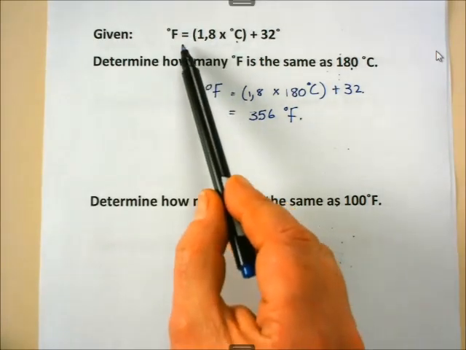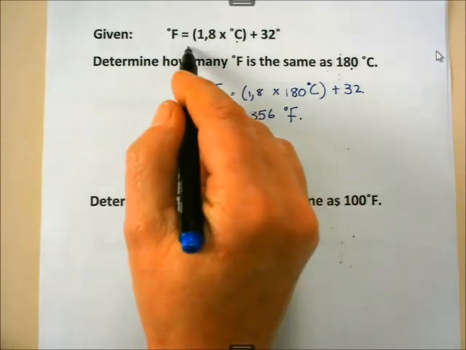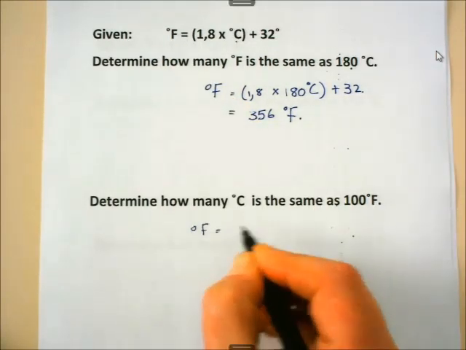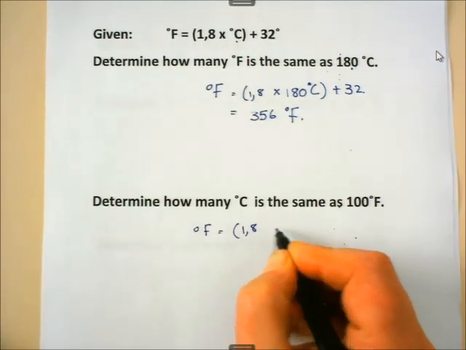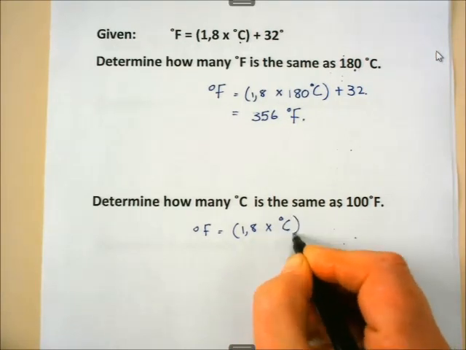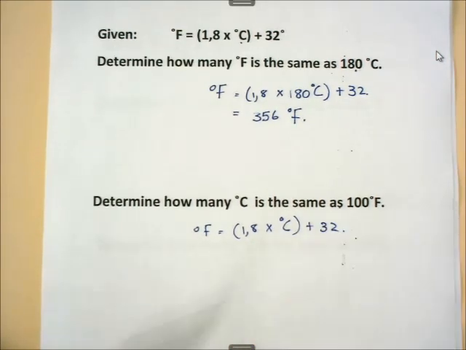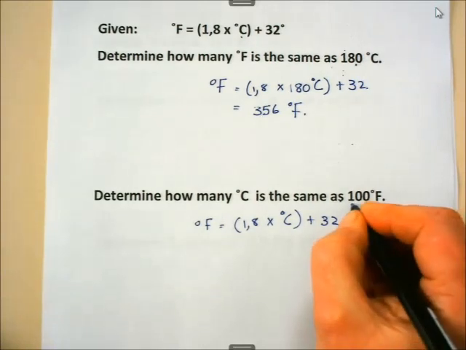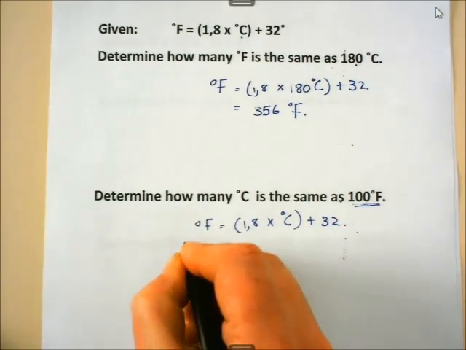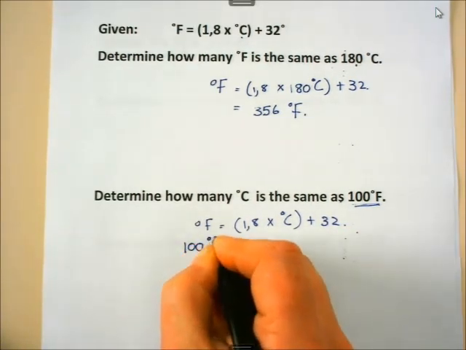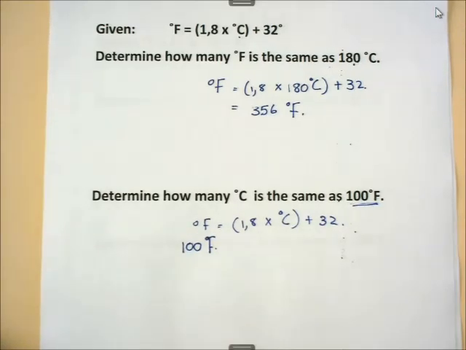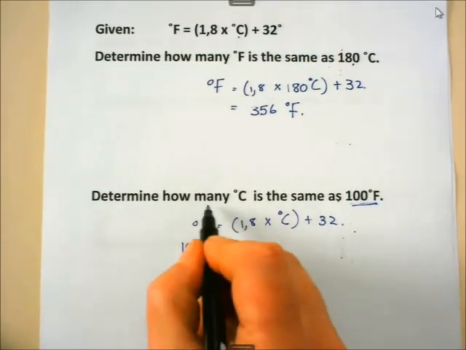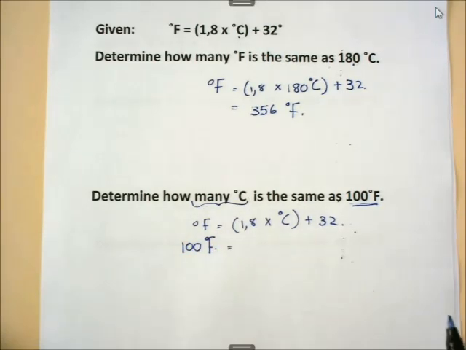Say for instance, it's given that in this formula degrees Fahrenheit is 1,8 times degrees Celsius plus 32. In this case, you were given degrees Fahrenheit. So I'm going to write in my degrees Fahrenheit on this side. I am going to have to work out how many degrees Celsius.